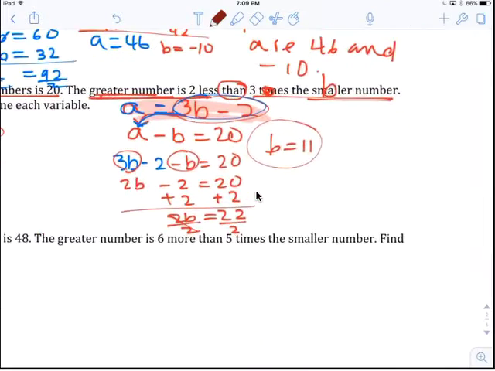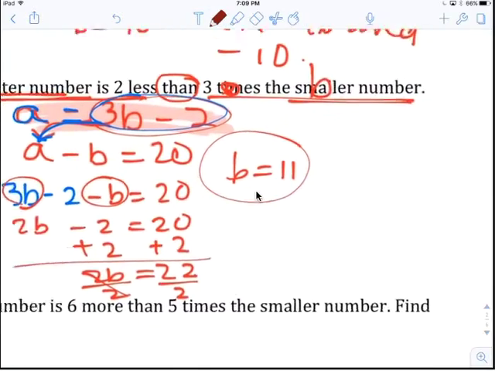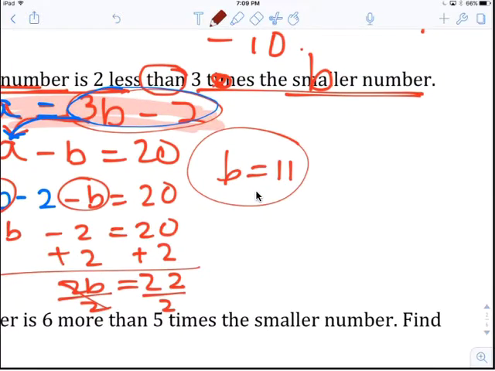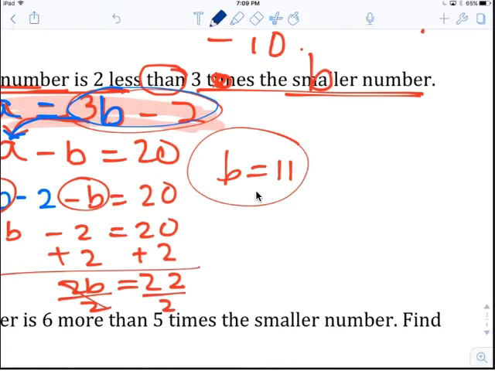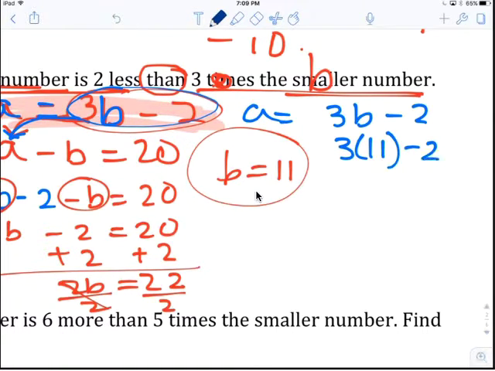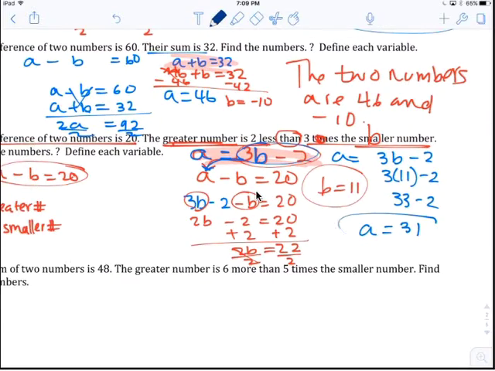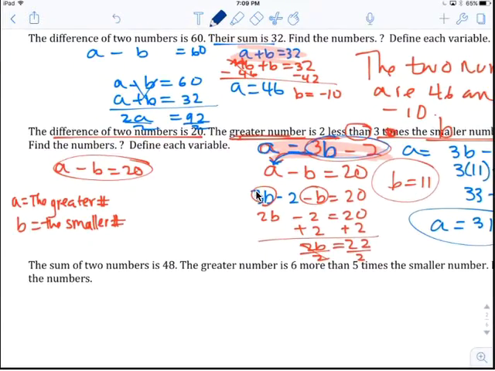Okay, one of the numbers is 11. So if B is 11, let's substitute it in and find A. If B is 11, 3B minus 2 equals A. 3 times 11 minus 2 is 33 minus 2. A then is 31.